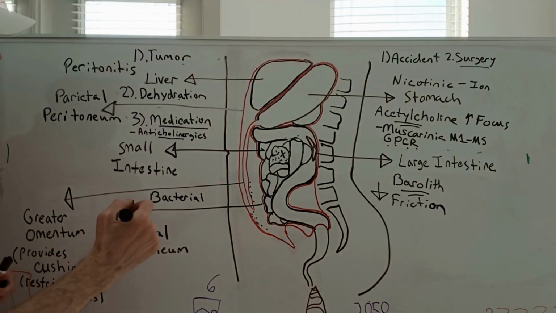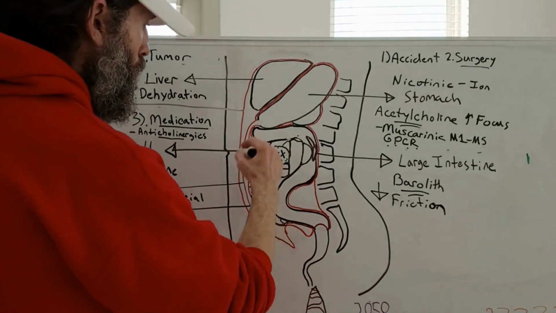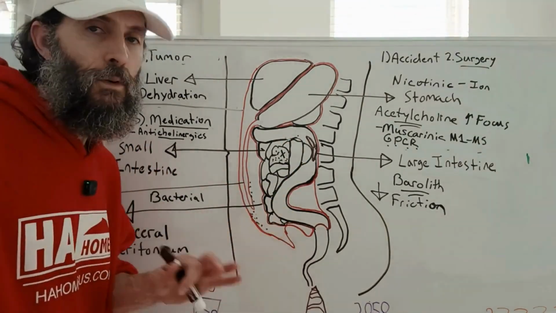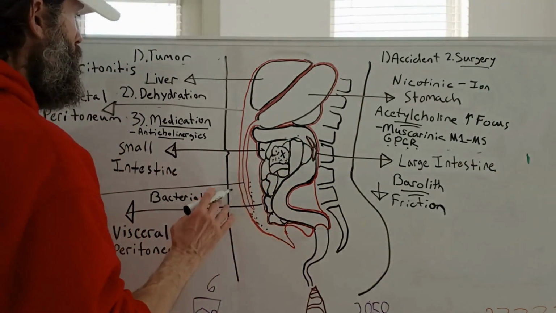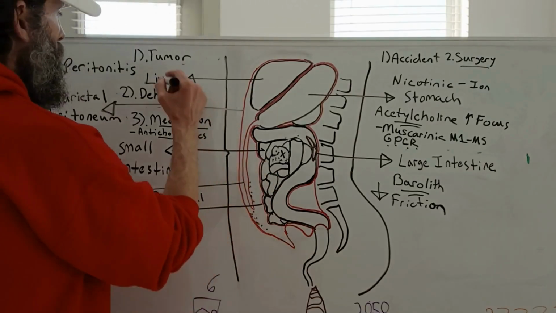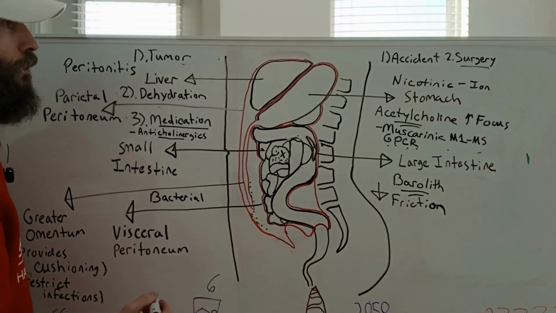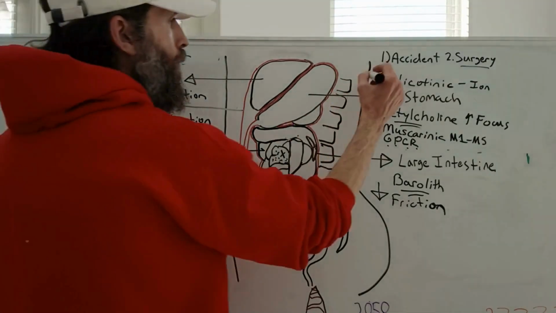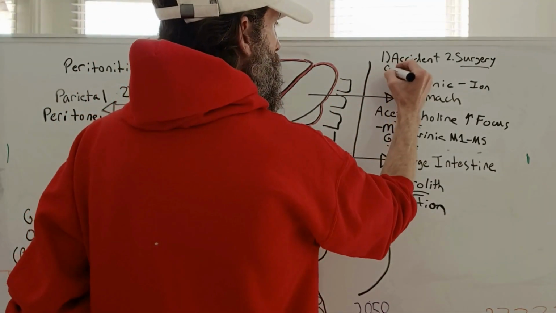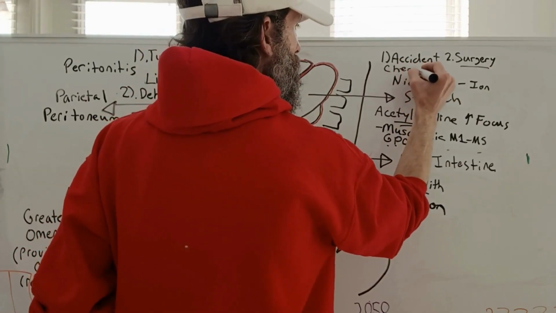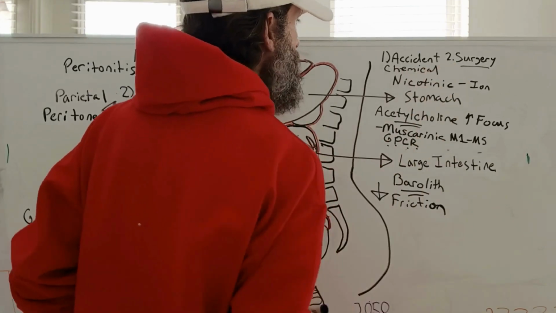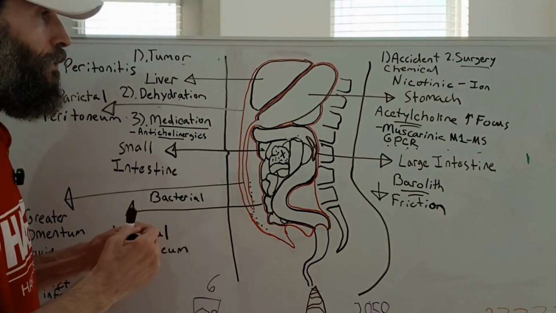But in this case, it's just the barium sulfate, so there's no bacteria involved, unlike the food and the fecal matter. I run out of room quick on this. Let's write it over here. This is chemical peritonitis.